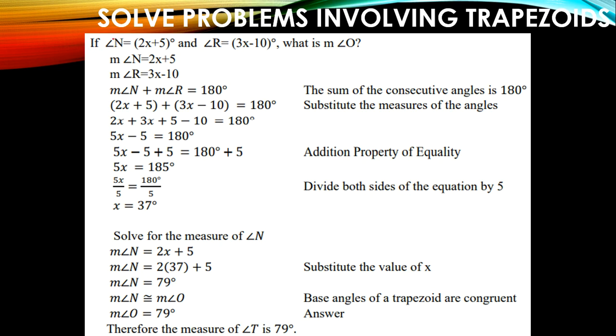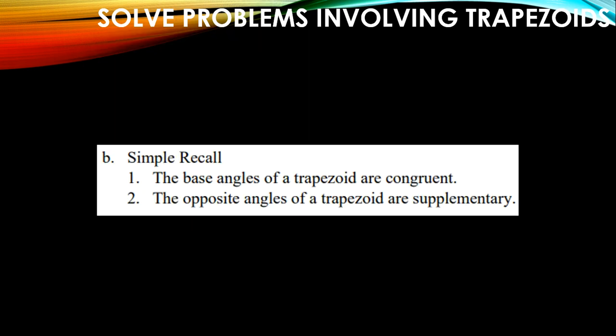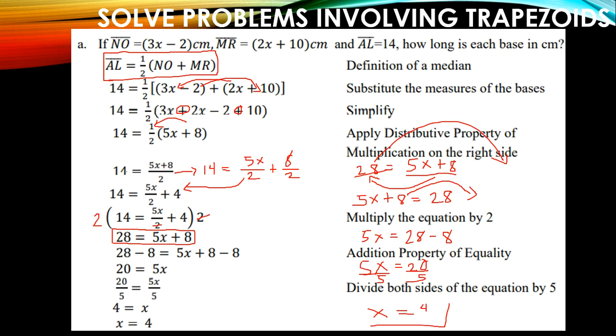If angle N equals 2x plus 5 degrees and angle R equals 3x minus 10 degrees, what is the measurement of angle O? So we're going to find the measurement of angle O. The given are angle N and angle R. So let's go back to the illustration.